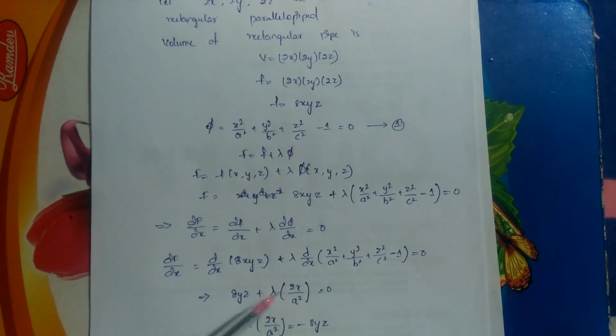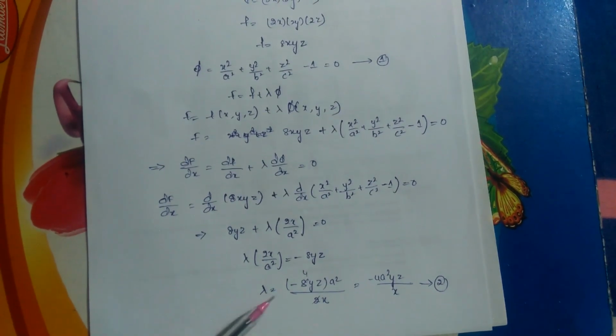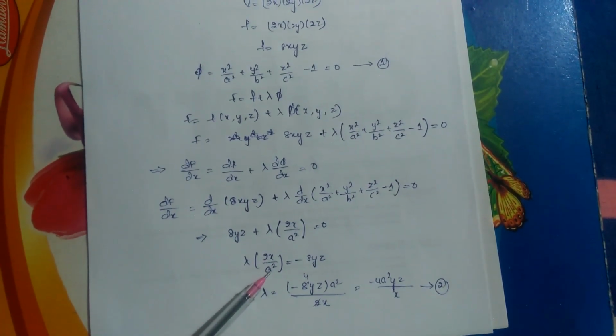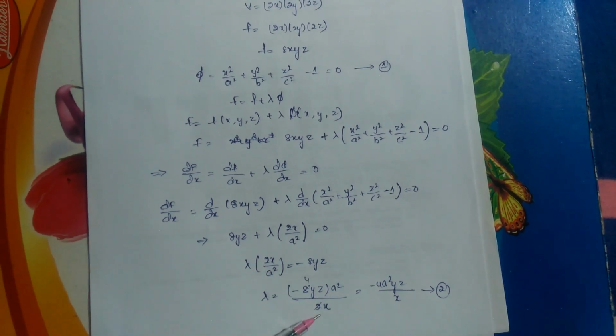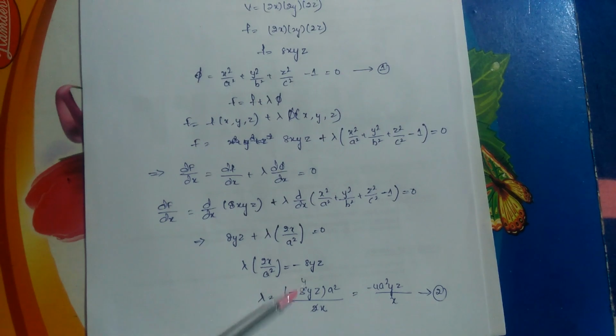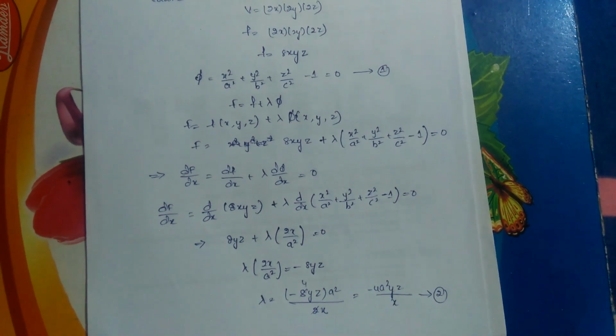So λ·2x/a² = −8yz. Then λ = −8yz · a²/2x, and 2 fours are 8, so λ = −4a²yz/x. Let it be equation number 2.